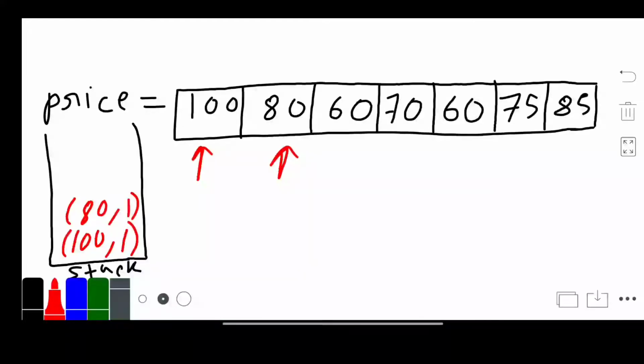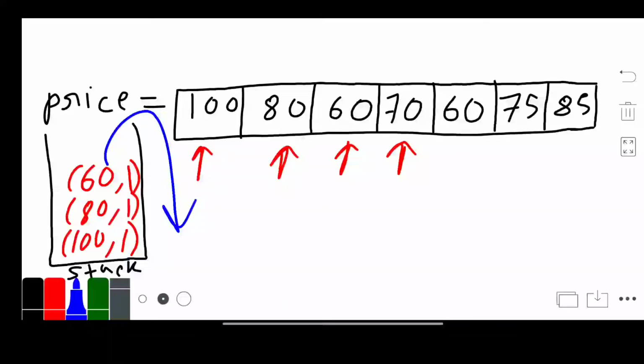Now we check 60. Is 60 greater than the stack's last value, which is 80? No, so we simply add 60 as price and 1 as count. Now we move to the next element, 70. We check if 70 is greater than the stack's top price. Yes, the stack top value is 60, so 70 is definitely greater.